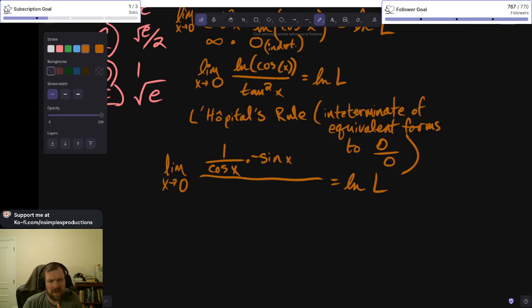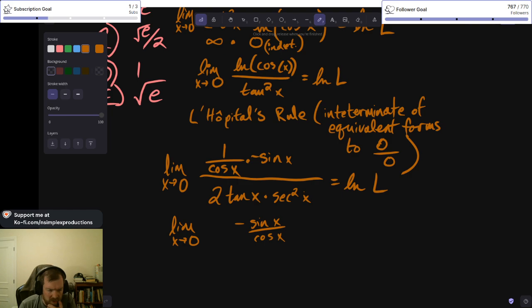And then the denominator is going to be, take the derivative of tangent squared of x, which is going to be 2 tangent of x times the derivative of a tangent, which is a secant squared. Negative sine x over cosine x. Oh, hey, would you look at that?